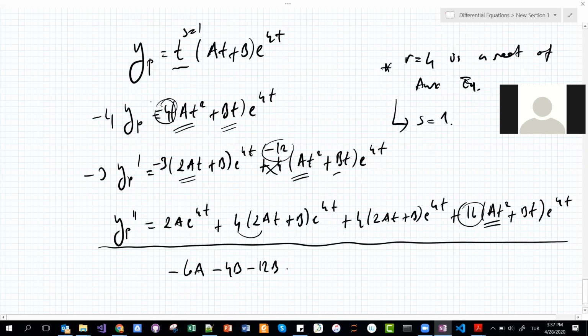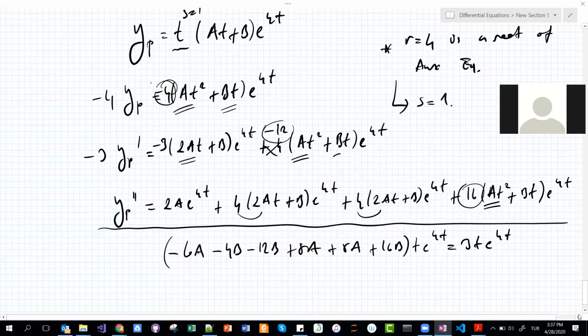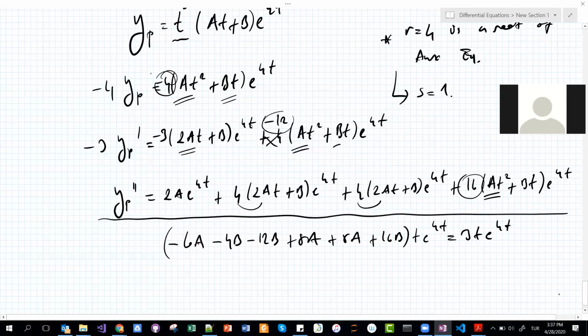I have 8a, another 8a, and I also have the 16b, which needs to be equal to the 3t e to the 4t. Correct? Did I miss anything? So I have negative 3b here, and I have 2a, and 8b, guys, look at that, 4b plus 8b. That's it, I think. It's just going to be equal to 0.